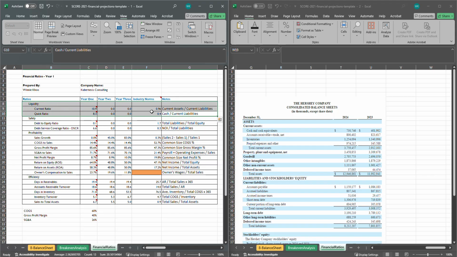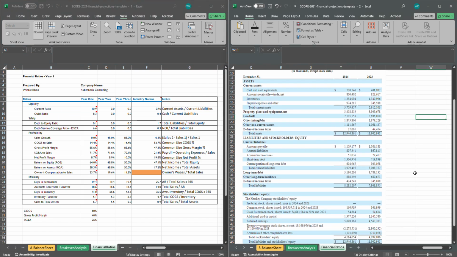With Hershey's, the current ratio is roughly 1-to-1. They have just enough assets to cover all of their debts. Here you have three. It's almost a 1-to-1 ratio, and the cash ratio is about 1-to-2.